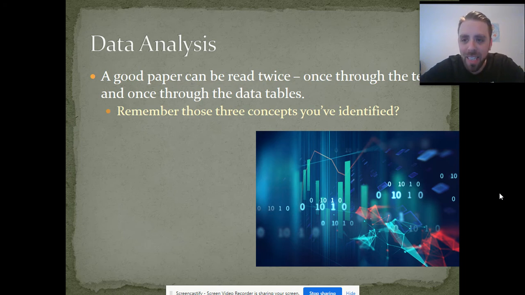Because the next section is, okay, in the lit review, I described theoretically what other people have done regarding these concepts. Now in the data analysis, you are actually providing and describing quantitative information that demonstrates that those concepts really do exist.